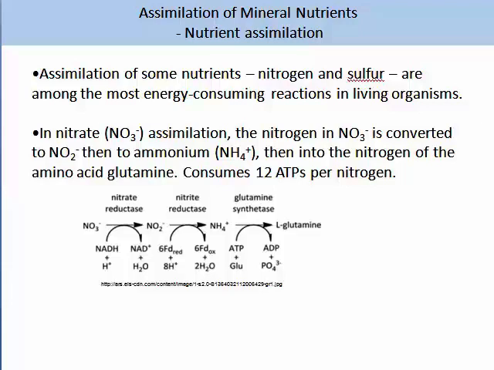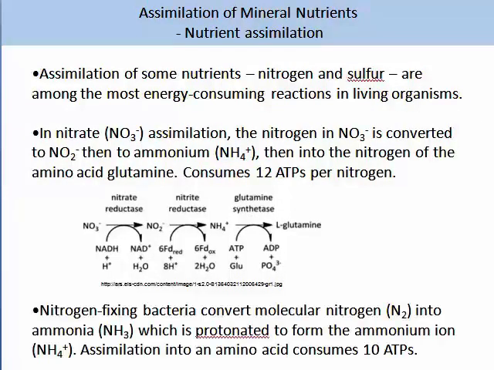It is converted once more to end up as the amino acid glutamate, as shown in the figure on your slide. Nitrogen-fixing bacteria convert molecular nitrogen into ammonia, NH3, which is protonated to form the ammonium ion NH4+.